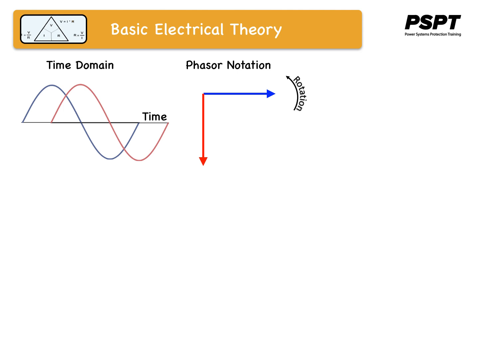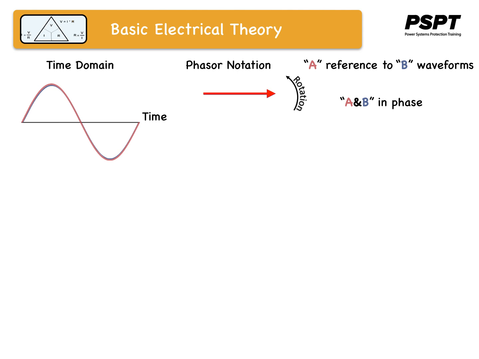So what you see here is two phasors. One could be current, one could be voltage, or they could both be voltages, or they both could be current. I'm not making that differentiation right now for this example. But what I'm doing is comparing the time domain with the phasor notation. And as we move the phasors closer together so that they are overlapping, now you will see these phasors, as they are referenced one to the other, you could say that A and B are in phase.